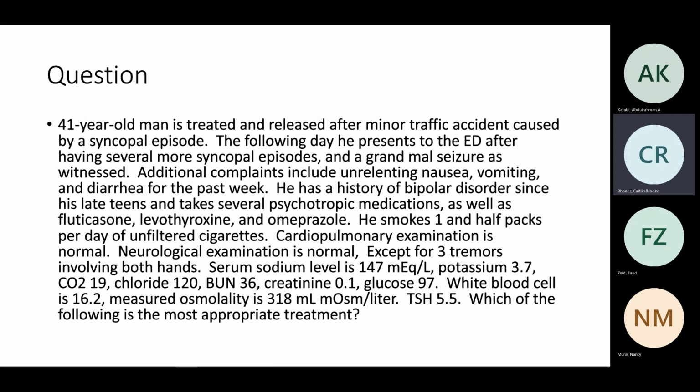He smokes 1.5 packs per day of unfiltered cigarettes. Cardiac exam normal, neuro normal except for tremors involving both hands. Serum sodium is 147, potassium 3.7, bicarbonate 19, chloride 136, glucose 97, WBC 16.2, osmolality high at 318, TSH 5.5. Which of the following is the most appropriate treatment?